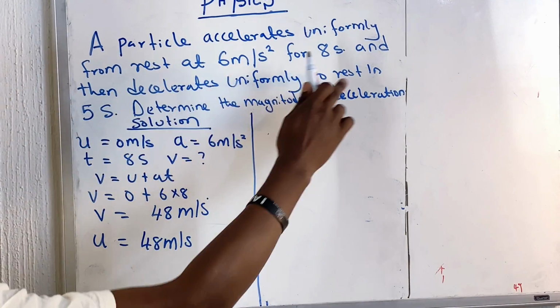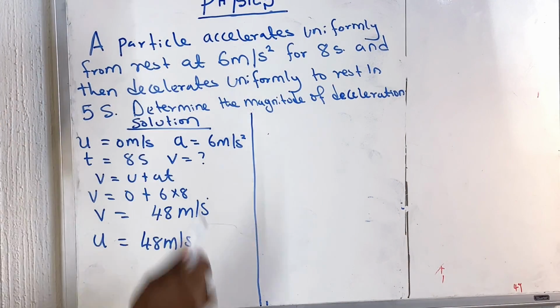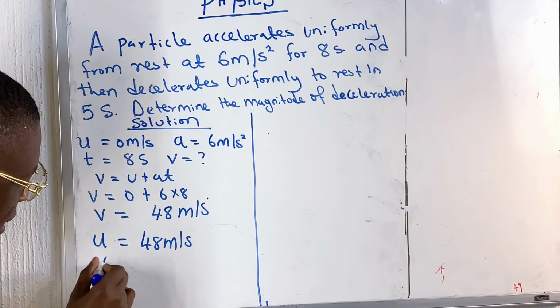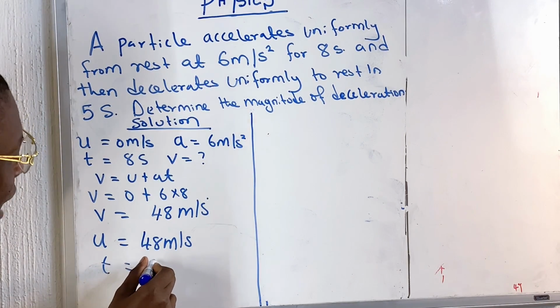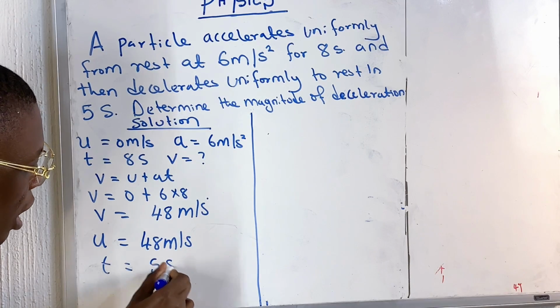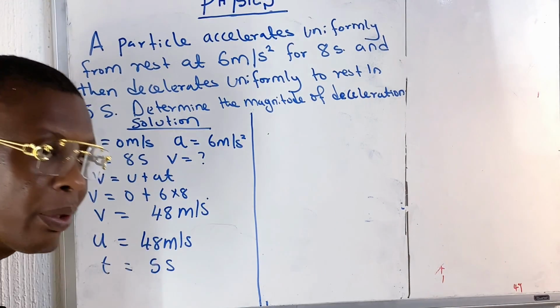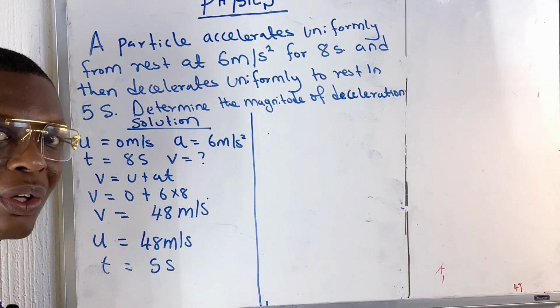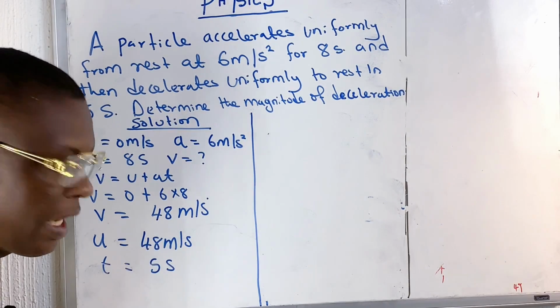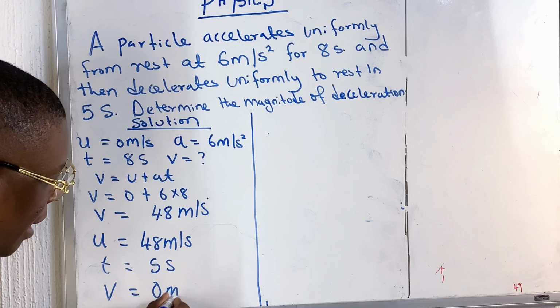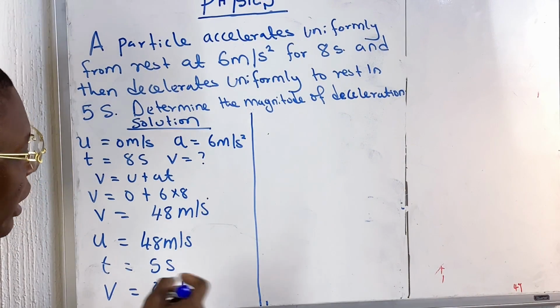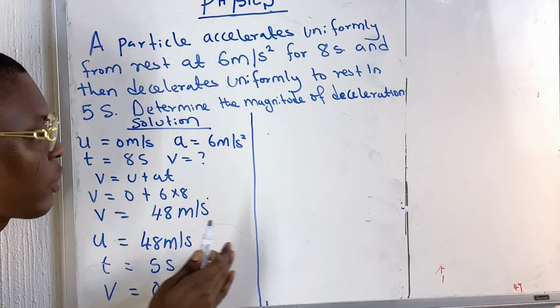The time it took for deceleration is 5 seconds. And remember, when a vehicle decelerates to rest, its final velocity becomes 0. So v finally is 0 meters per second.